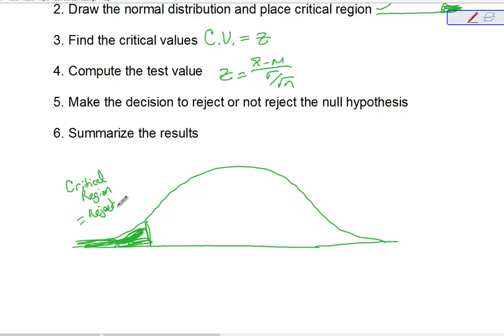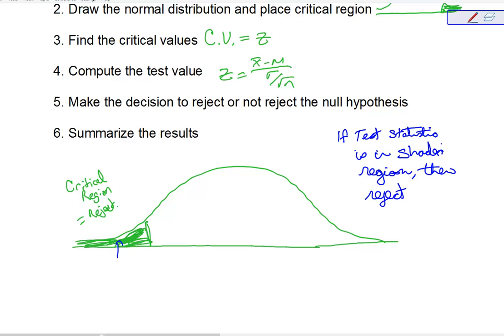So if your test statistic is in the shaded region, then we reject the null hypothesis, because again, that is considered your rejection region.